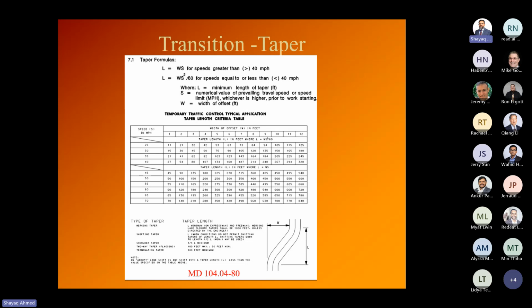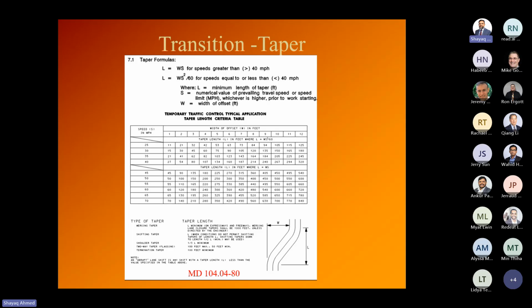If the speed is high speed, then you have to provide accordingly. If it's more than 45 miles an hour, then you have to provide 540. Basically, from the table, you can see that any speed that's 40 miles an hour or less is considered low speed.